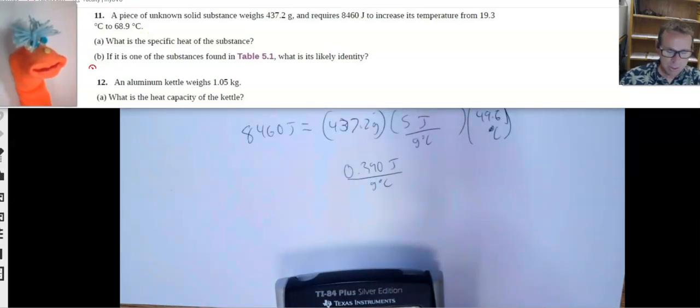What material has a specific heat of 0.390 joules per gram degree Celsius? Okay, so it looks like it could be... let me bring up table 5.1.